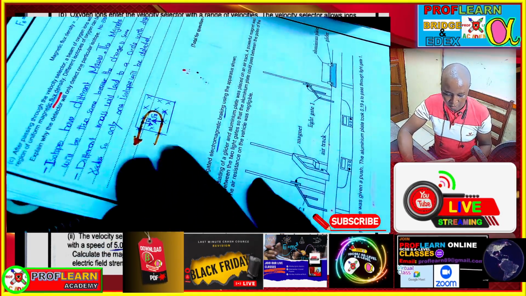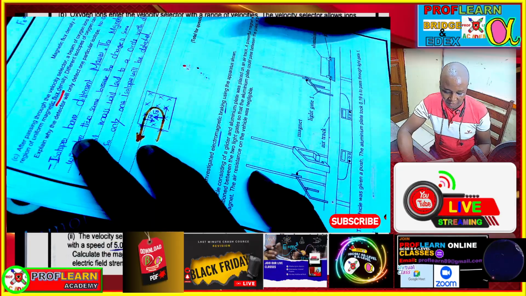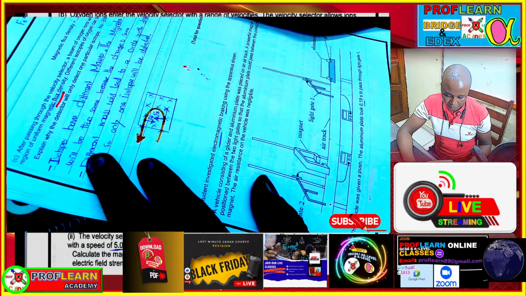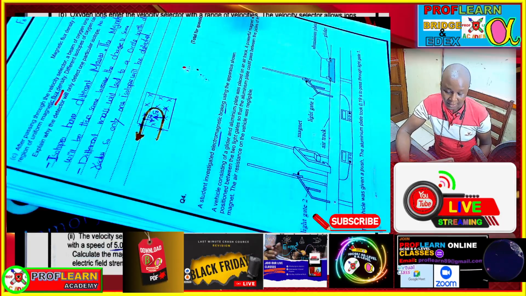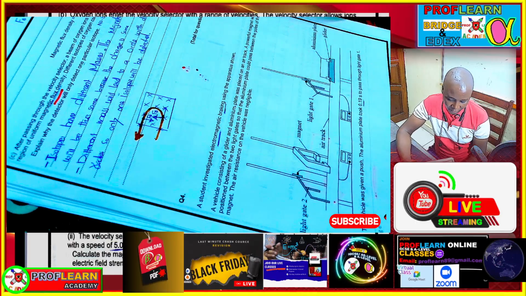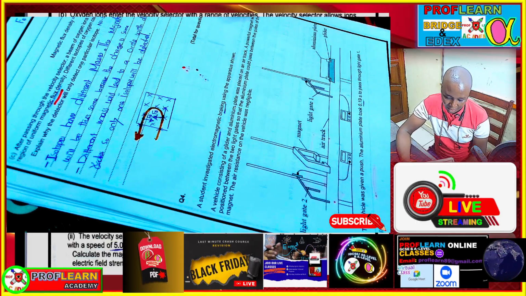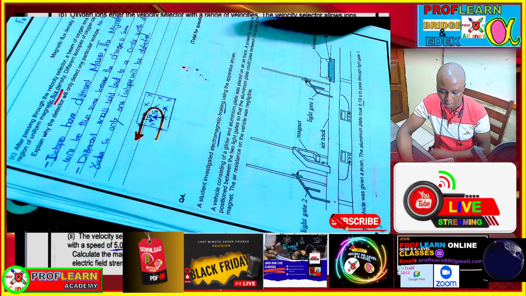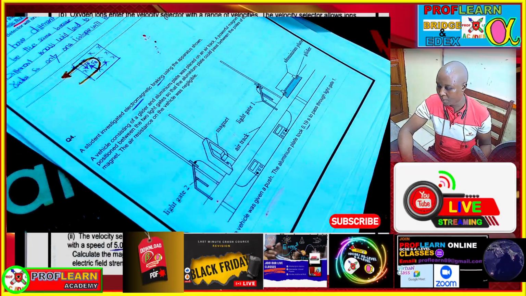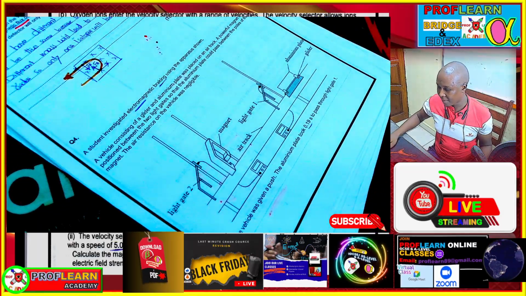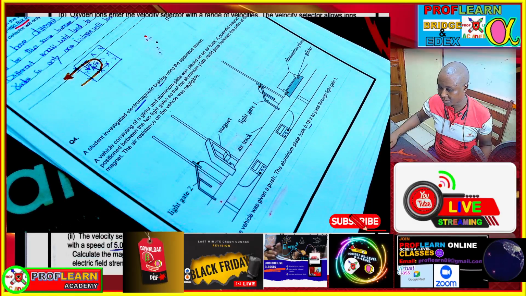So we need to remember that isotopes have different masses, and the magnetic force will be the same because the charge is the same. Different mass will lead to a circle with a different radius, so only one isotope will be detected at that given point.